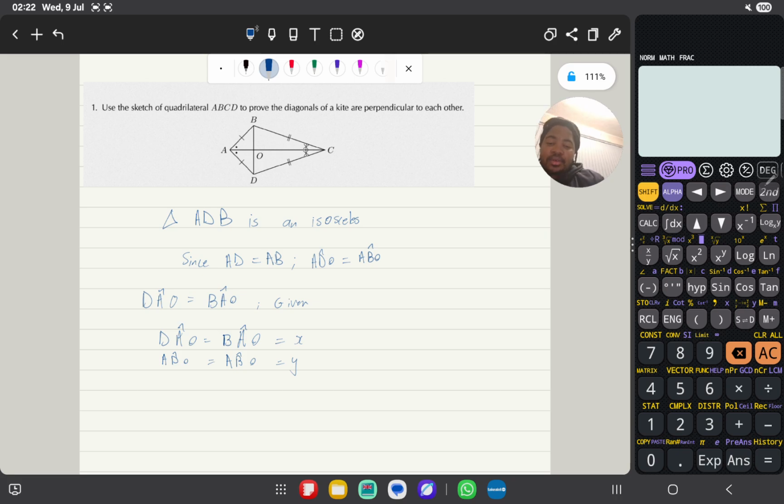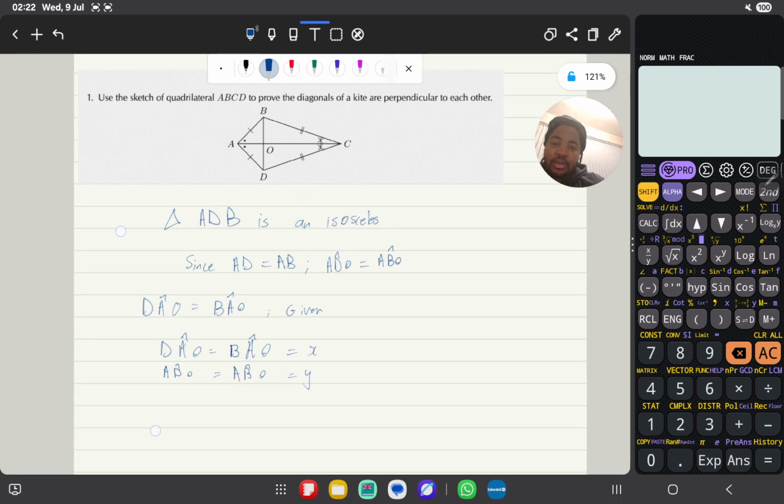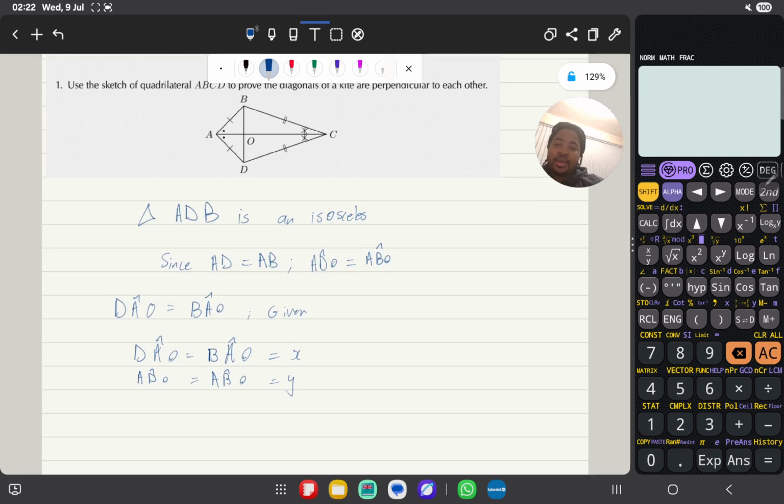Right, so now we look at our triangle again, and let us add all the angles that we have. If we add all the angles, 1, 2, 3, 4, they have to give us 180 degrees, angles of a triangle, right?